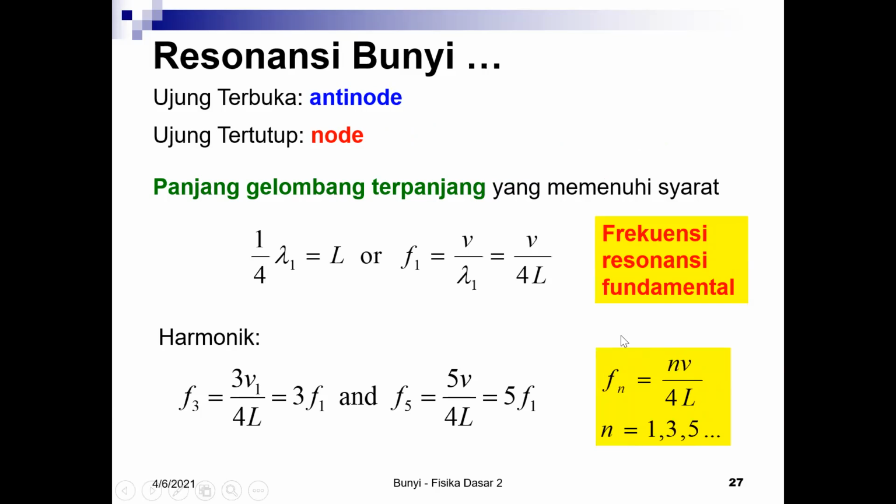The fundamental resonant frequency is n equal 1, while the next resonance is Fn equal to n V over 4L. This n is an odd number: 1, 3, 5, etc.